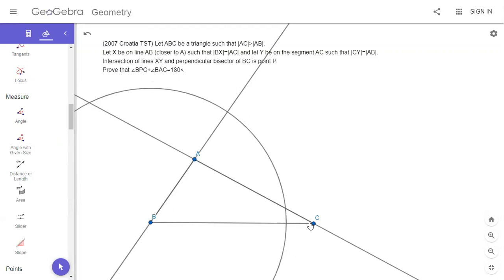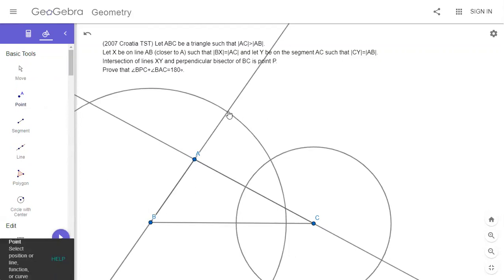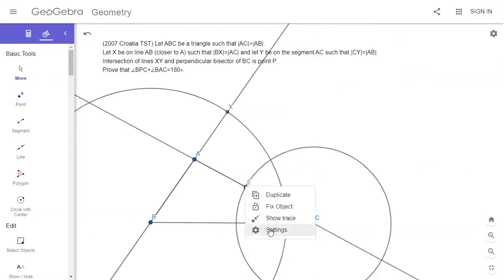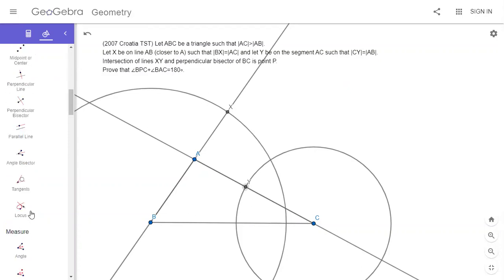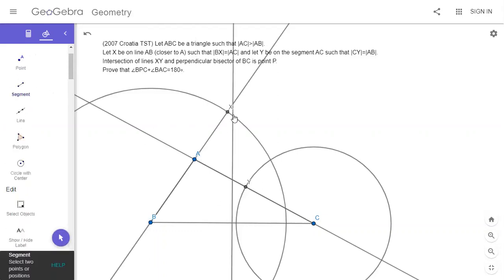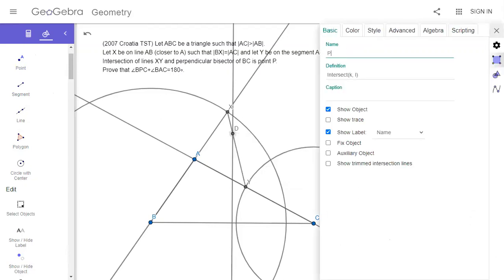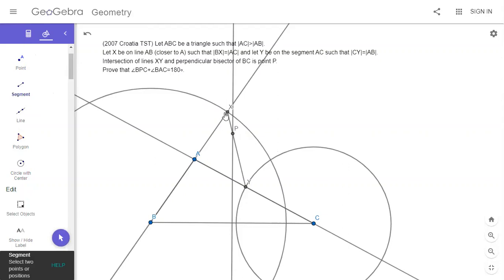And CY is equal to AB. All right, and XY intersects the perpendicular bisector of BC at P. And we want to show angle BPC plus angle BAC is 180 degrees.